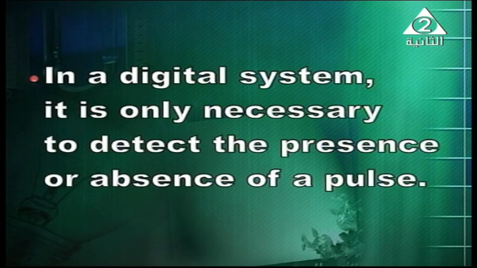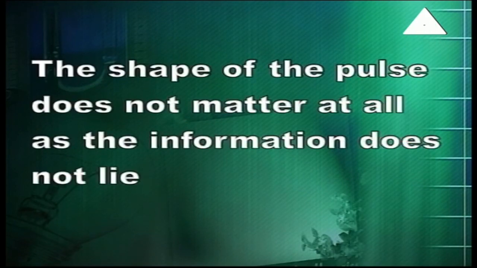In a digital system, this is very important. It is only necessary to detect the presence or absence, 1 or 0, of a pulse. The shape of the pulse does not matter at all.